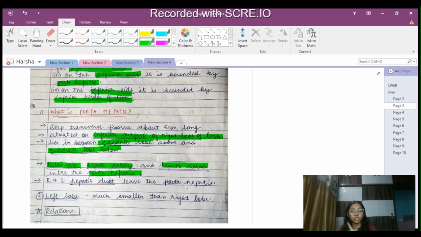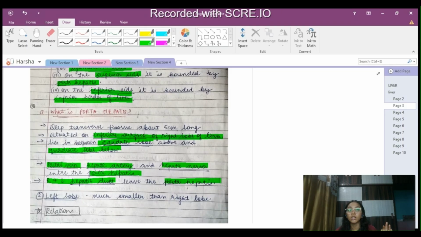The structures leaving the porta hepatis are the right and left hepatic ducts.